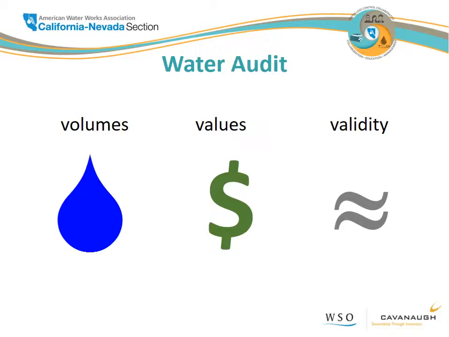Lastly, the water audit gives us a really great metric of validity to start understanding how confidently and how accurately we can regard the results. So as we'll be going over in this whole process of the technical assistance program, we'll be really focusing on an element of the water audit software called the data validity scores.